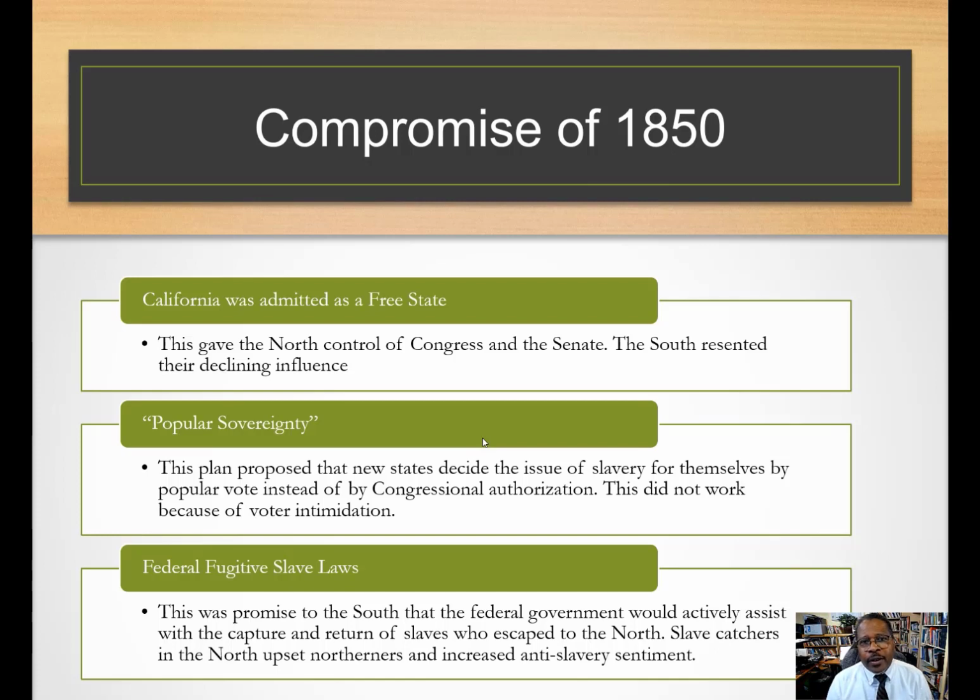and returning escaped people. So if people escape, like Frederick Douglass, the great abolitionist you're reading about, when he gets to New York, he lived the rest of his life as a free man. Or if they got to Massachusetts, or Philadelphia was the biggest center of freed people. So if you made it to Philadelphia, then you would be free.